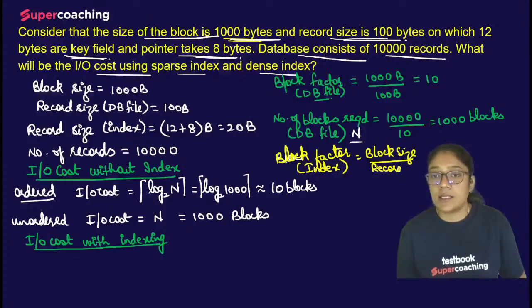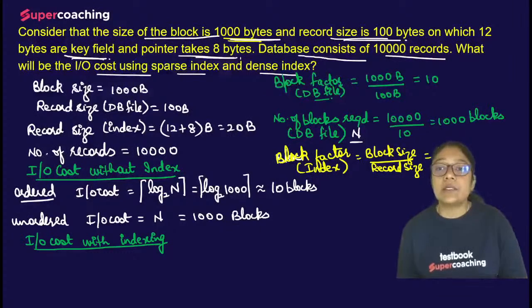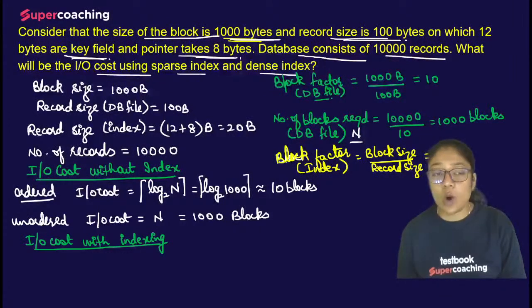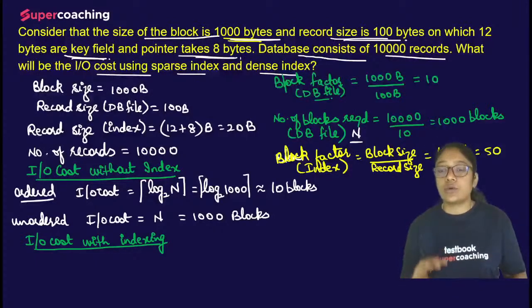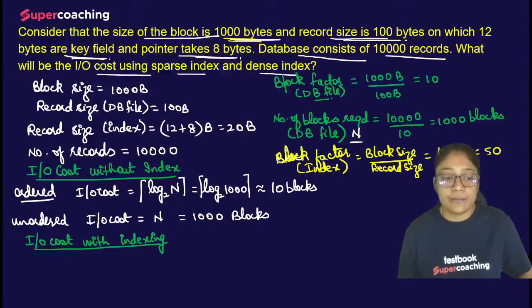Whose record size will we take? Obviously the index file's. Block size is given in the question, that is 1,000 bytes, because this is going to be the same for the database file and the index file, but now the record size is 20 bytes. So this results in 50. This means that in one block we can store 50 entries. Correct?